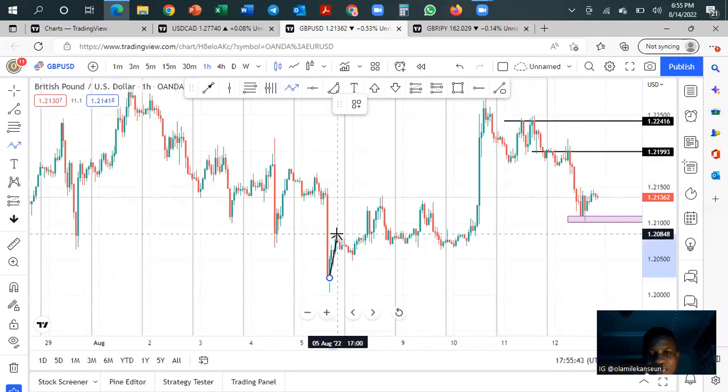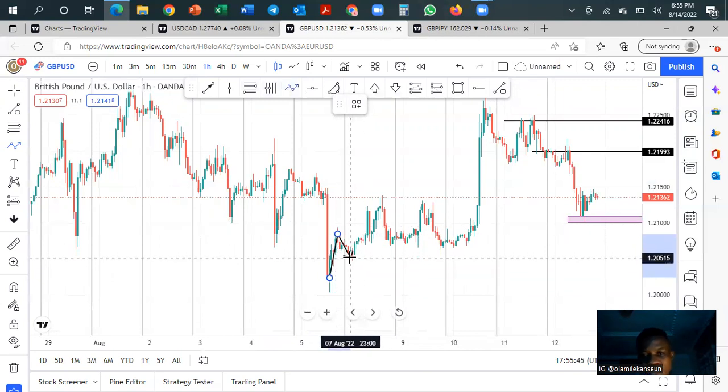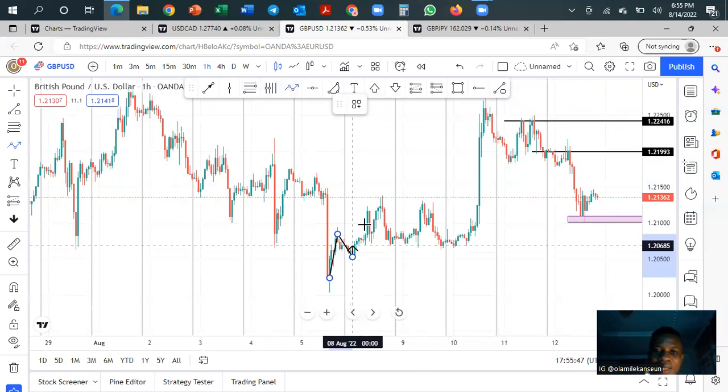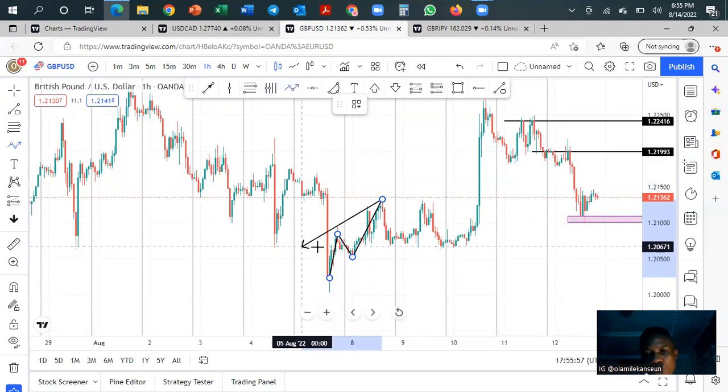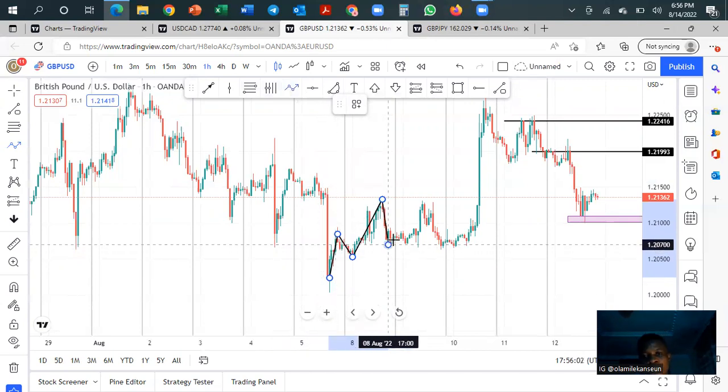It created a high, came back and created a higher low, created a high, and came back to create a low, which is also the same low as the previous low. So that shows that the market is creating something from this position.